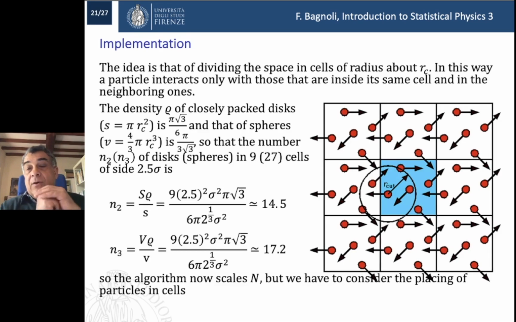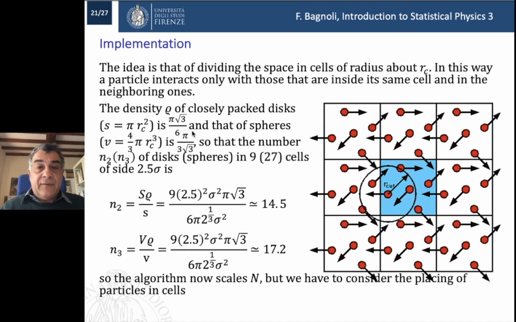And the idea now is to check which are the particles that can interact with a given particle, and it is done generally by dividing the space into squares or cubes, according to whether it is two-dimensional or three-dimensional, and to take into consideration only those particles that are inside the first neighbors of the cell in which the particle is.